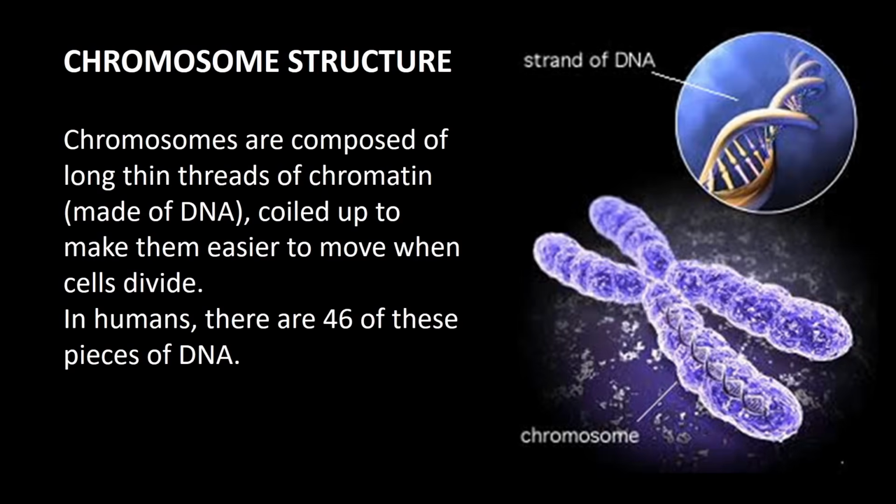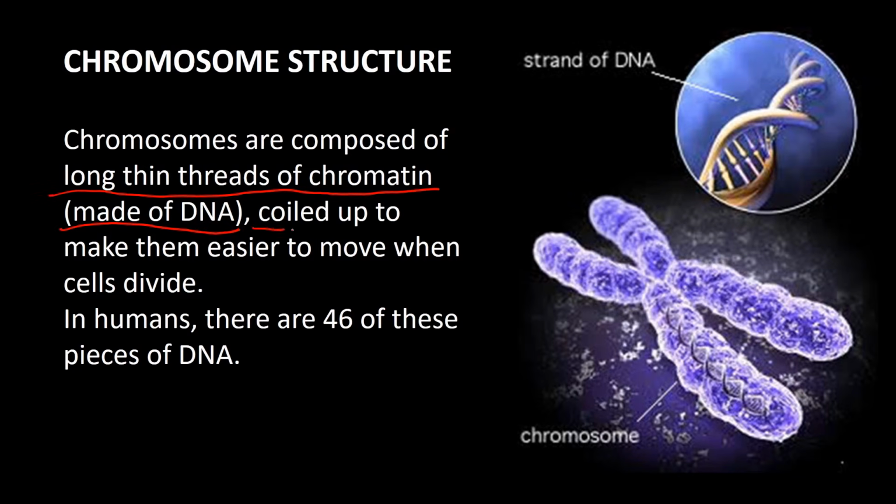Now, let's have a closer look at chromosomes. In grade 10, you looked at the cell and you discovered that in the nucleus of the cell are long, thin threads of chromatin, which is made of DNA. Now, in each one of your tiny little cells, there's nearly 2.5 meters of DNA in a tiny little nucleus.